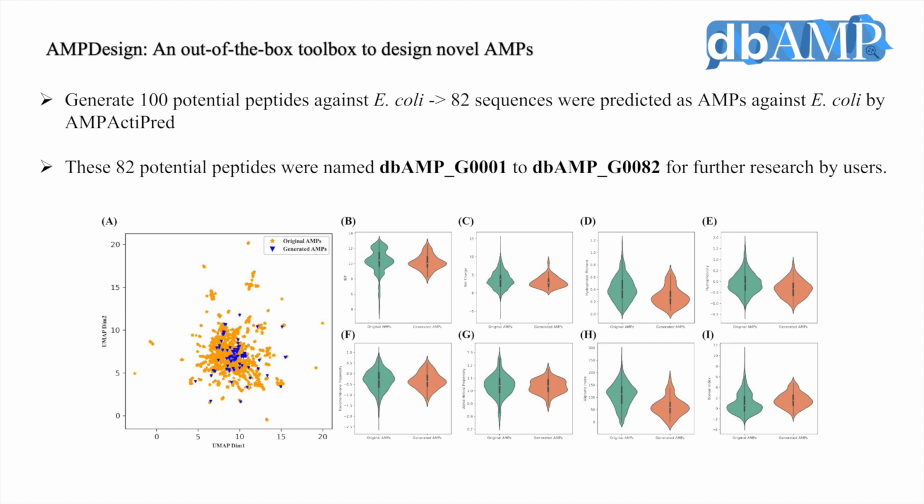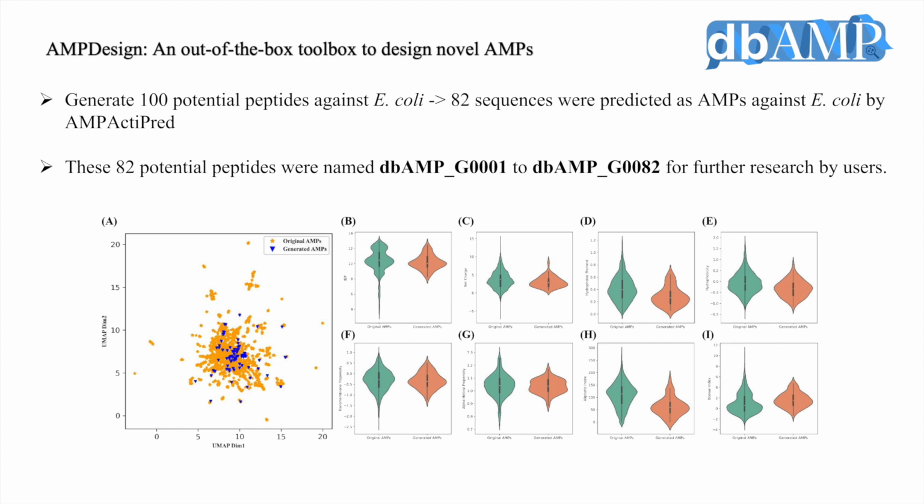generate corresponding AMPs accurately. Figures B through I display the physical and chemical properties of both the original and generated AMPs. The distributions of these properties are also very similar, suggesting that the newly generated 82 AMPs are highly likely to inhibit E. coli.